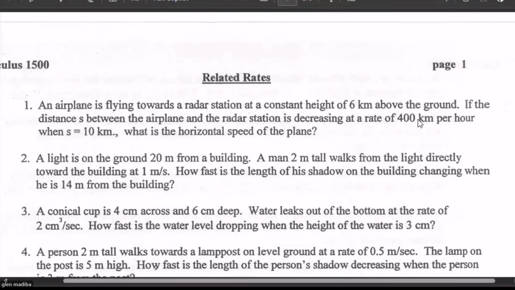This was one of the questions in the last session, but you said it was supposed to be given for homework. Anyway, my diagram has the light, and the man standing at 2 meters tall. Then I have the distance from the lamp to the building as 20 meters, and the 14 meters from the building to a point.